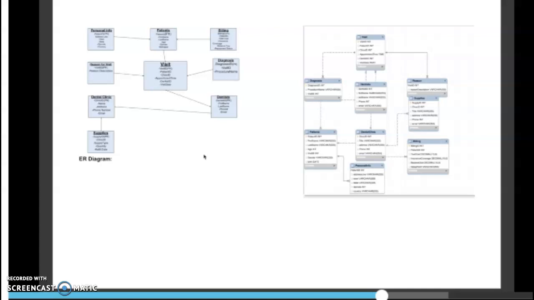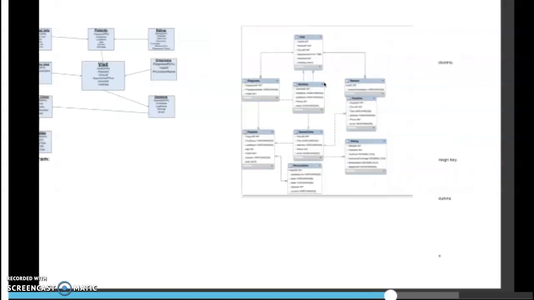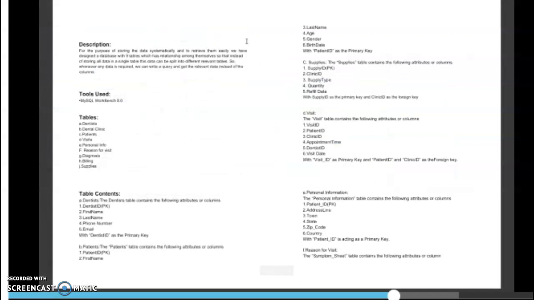The dentists were connected to dental clinics, and supplies were associated with dental clinics. On the right we had the ER diagram, which was generated by MySQL. After I implemented all the scripts, this gives you all the fields and columns that were used and the relations between each table.